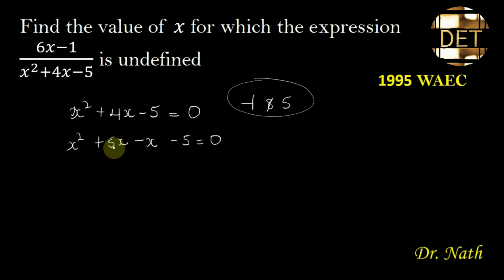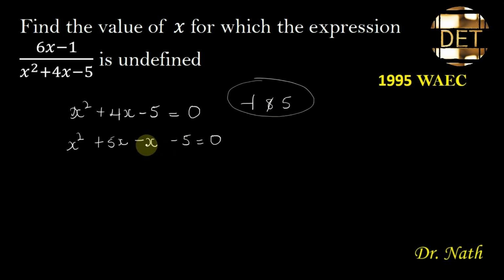If I add 5x and minus x, it will give me 4x back. So this expression and the previous expression are the same. What I've just done is apply the factorization method of solving a quadratic equation.